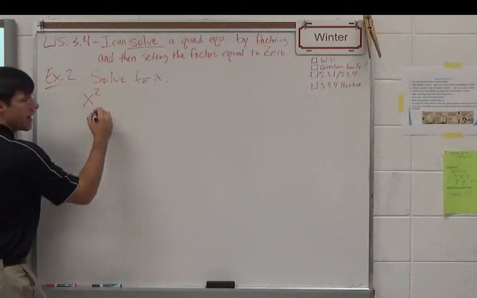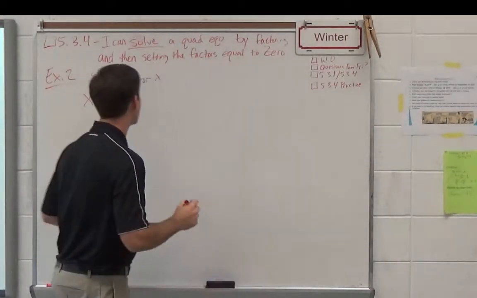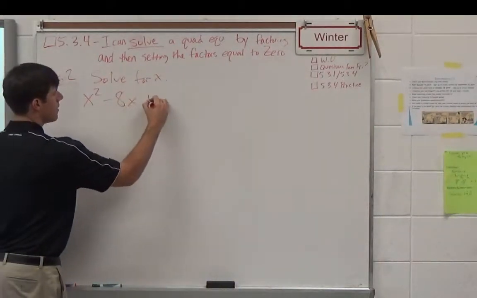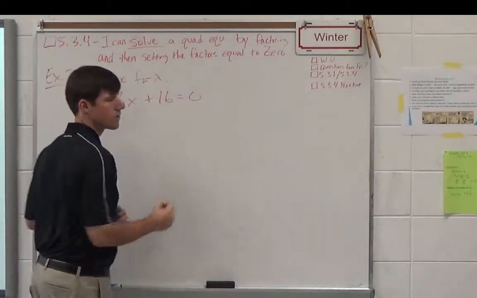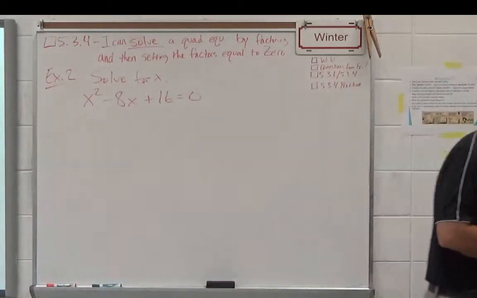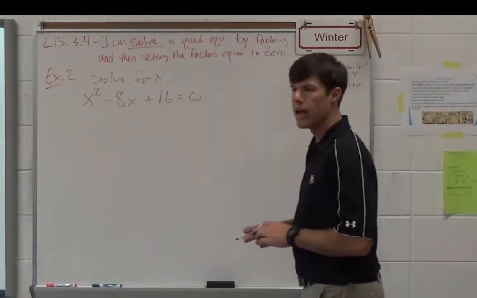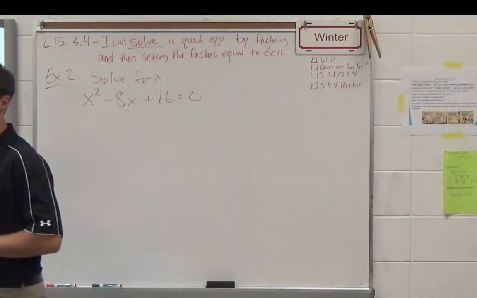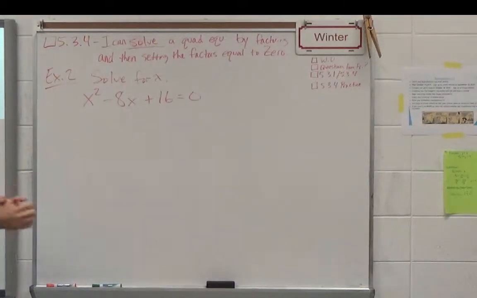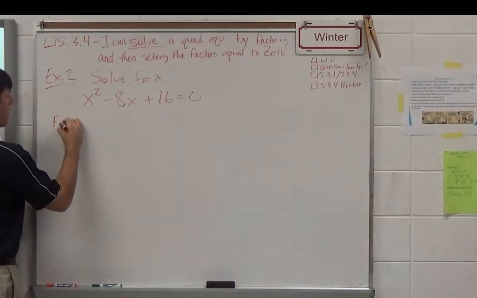And this time it's going to be x squared minus 8x plus 16 equals 0. I want to solve this. So what was the first thing we got to do? Factor. So we're going to factor this.